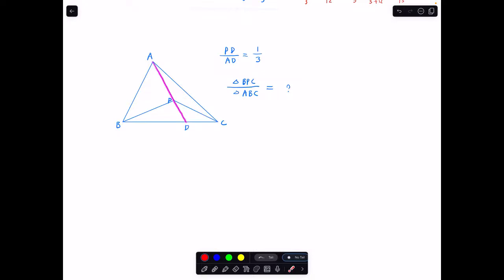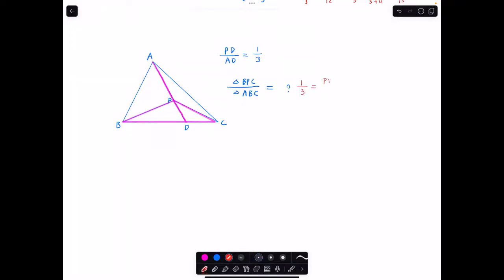Now, we claim that, this is also an exercise, this triangle BPC over the bigger triangle, we claim that this is actually equal to 1/3.